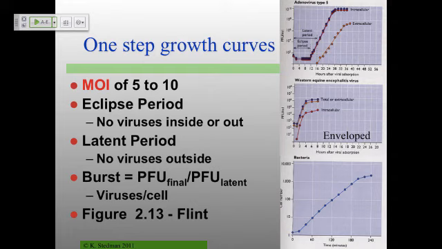Starting out with their PFU per mil now. This is PFU per mil instead of PFU per cell. So again, it's a plaque assay. Go down at the beginning. That's when you're having your infection and absorption process. It stays flat until you start to build up virus particles.